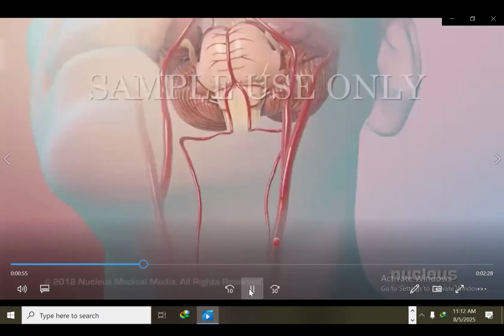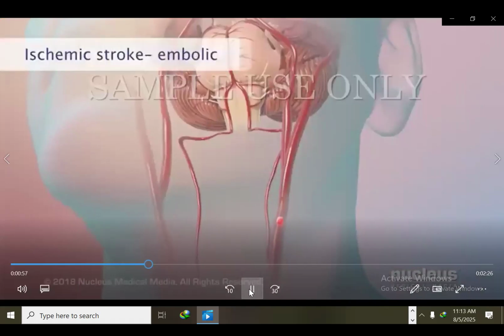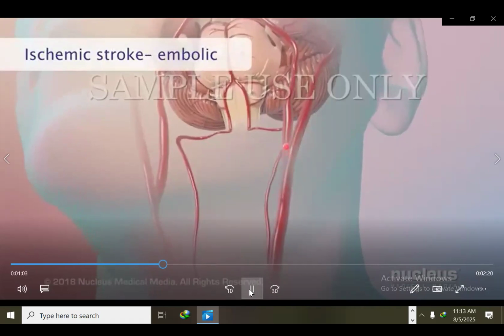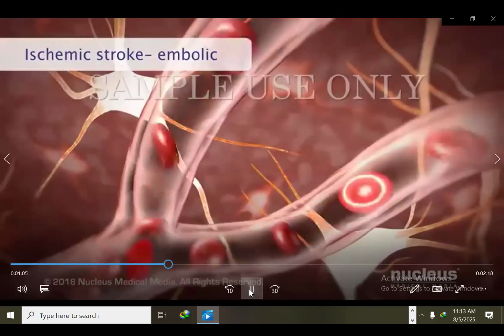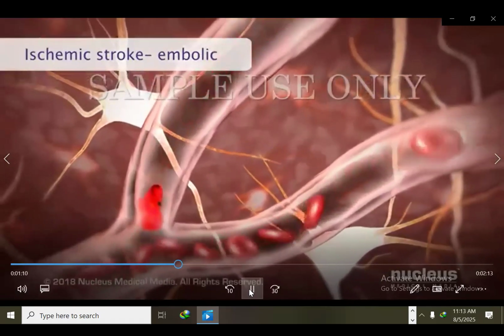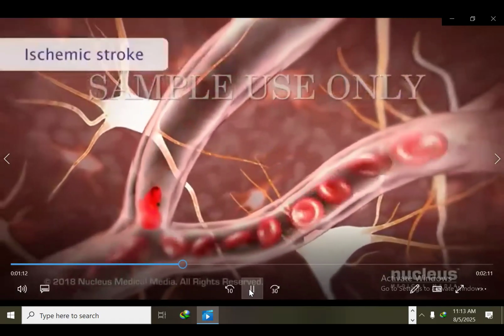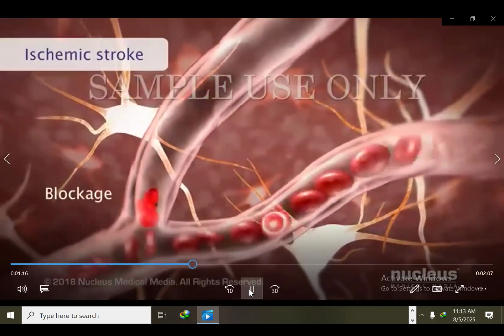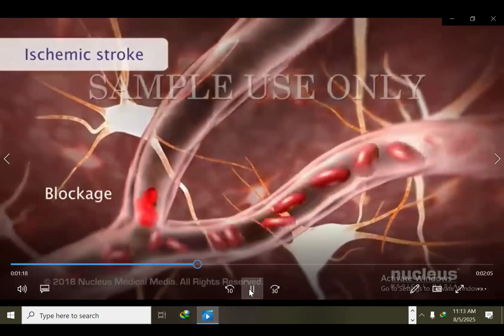In another type of ischemic stroke, called an embolic stroke, a blood clot forms in another area of the body and travels through the bloodstream. If it reaches an artery near or in the brain, it can block the flow of blood. When an artery to part of the brain is blocked during a stroke, oxygen and nutrients in the blood can't get to those brain cells.